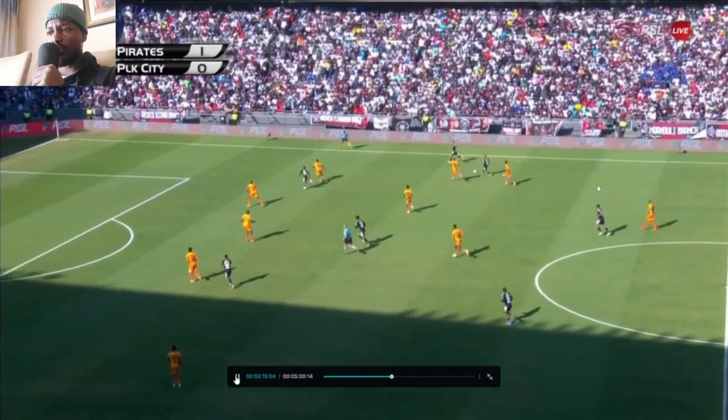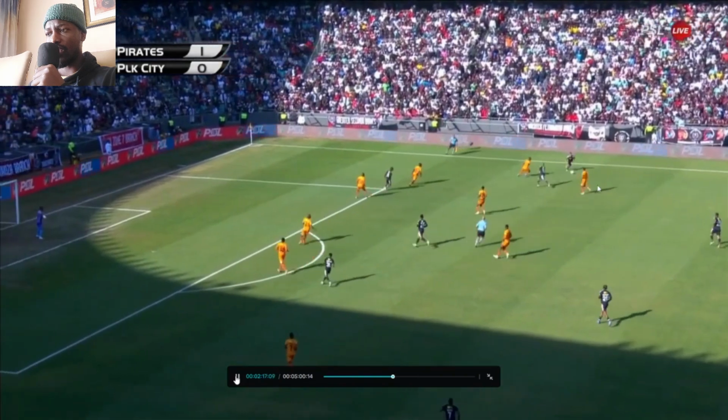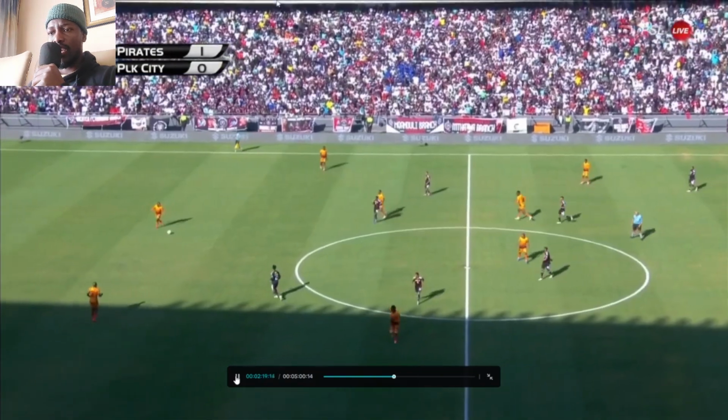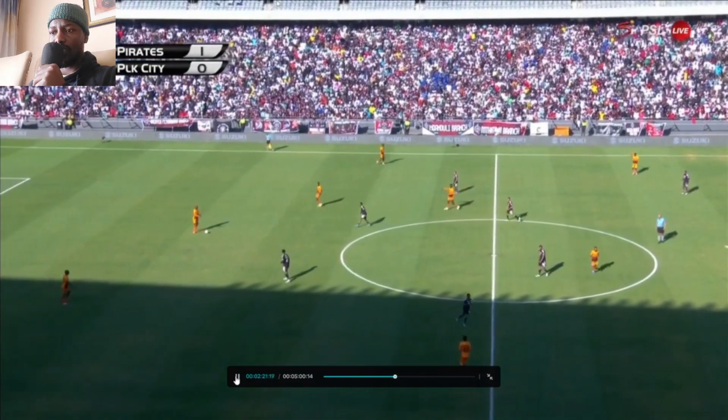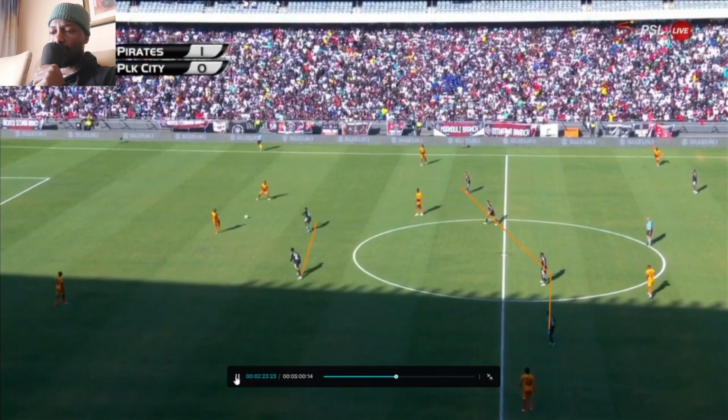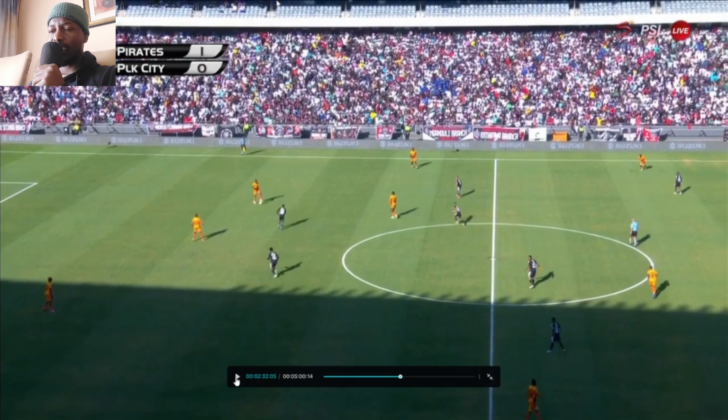As we play the video longer, you can see that they're able to progress. So here we're looking at the defensive structure of Pirates, which is a 4-4-2, and again Polokwane City, I think, is the quality. I think if Pirates play against a tougher team, there's still spaces and vulnerabilities you can exploit, because Polokwane City players found spaces.